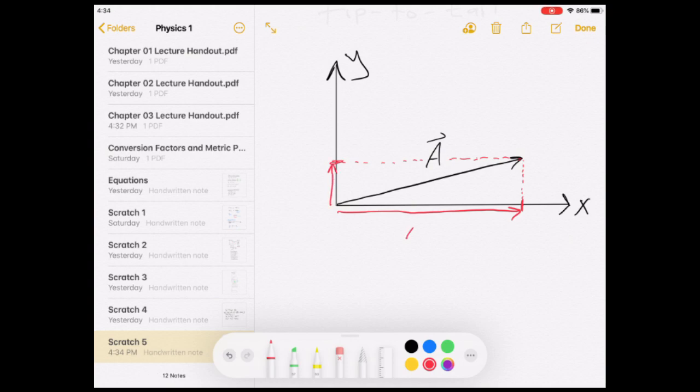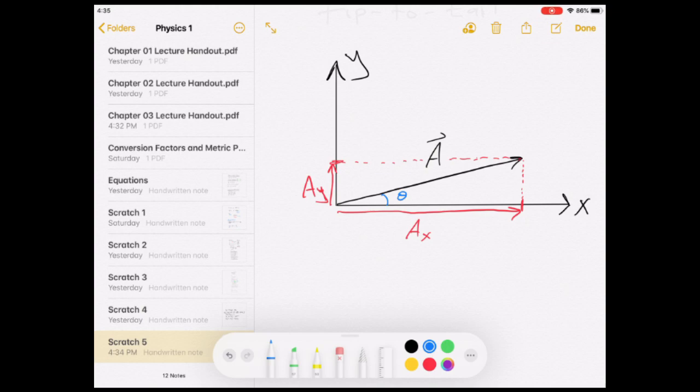So this would be A sub x, and this would be A sub y. If I knew the relative angle theta of A to these axes, I could solve for exactly how big Ax and Ay are. So if I know magnitude and direction, which is 2 bits of information, I could find Ax and Ay, which are 2 different bits of information but describe the same thing.